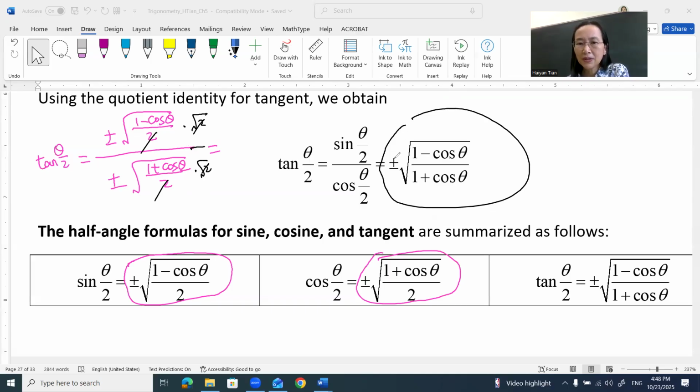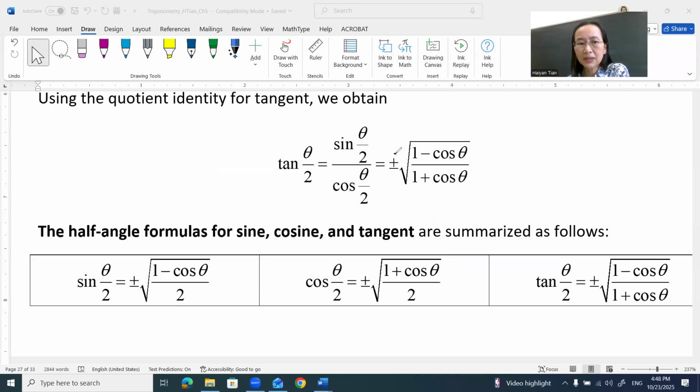After the quotient, it's still either positive or negative. How do we determine whether to take positive or negative? It is based on the position of half of theta, in the first, second or third quadrant, so the sign depends on that extra information. So now you have 3 half angle formulas for sine, cosine, tangent.